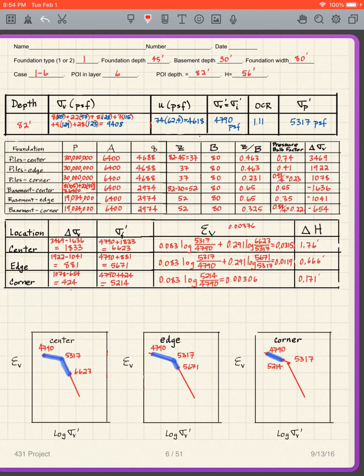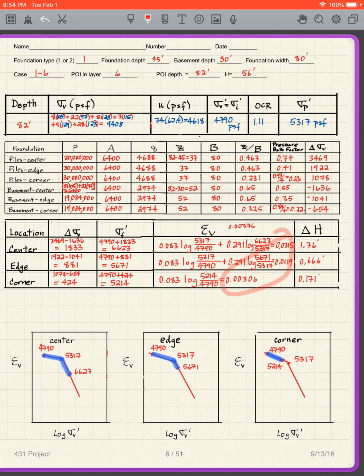And then I have my H is 56 feet. That's the thickness of the layer in this case. I multiply here are my epsilon V's times this, it's going to give me these values right there.